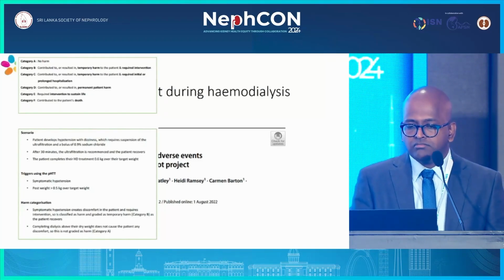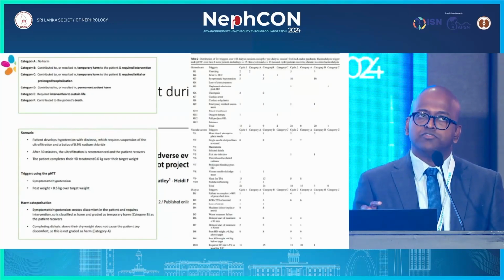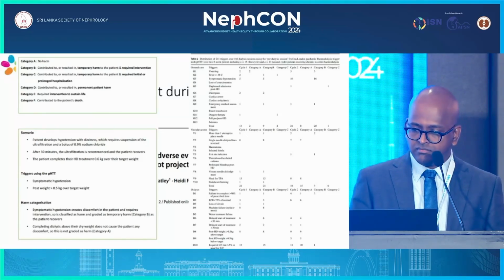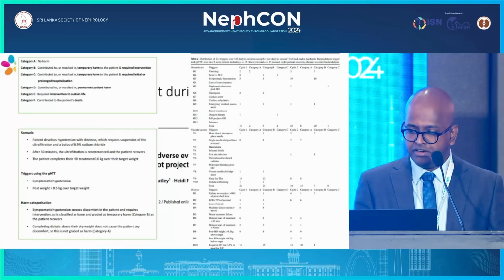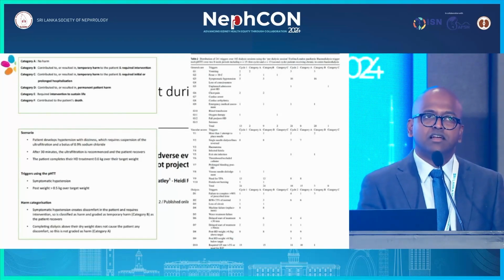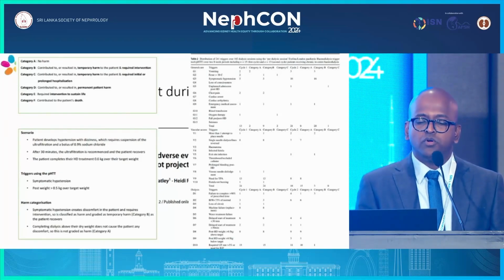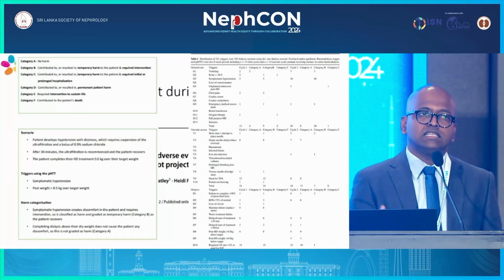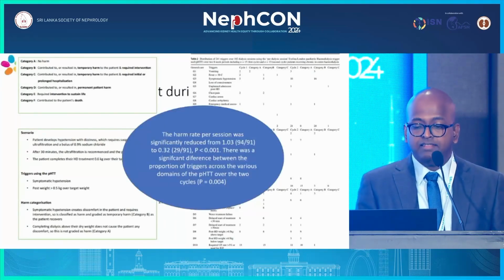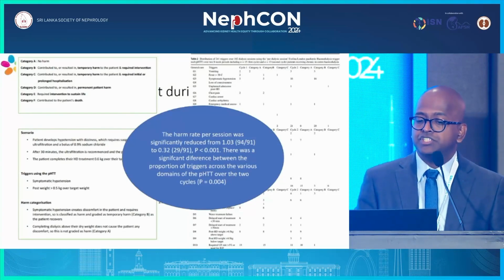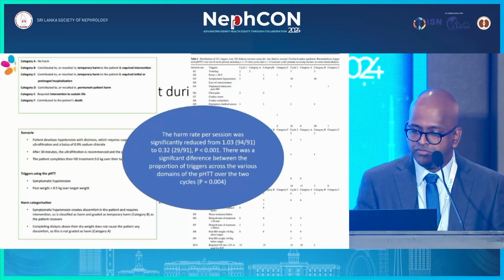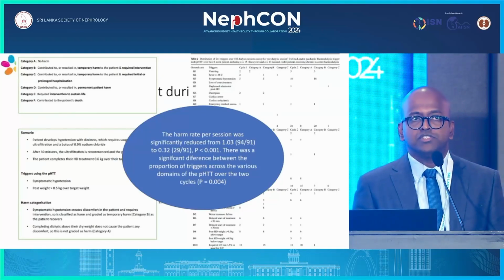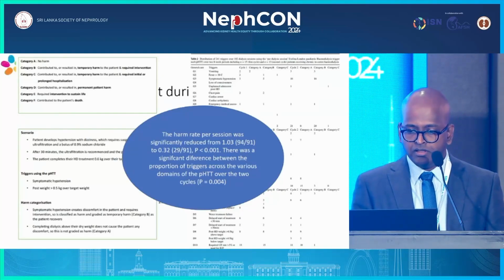They tabulated how many triggers were detected over an 8-week period followed by another 8-week period. So this involves more of training and detecting things early. They found that the harm rate per session was significantly reduced, and there was a significant difference between the proportion of triggers across the various domains of this trigger tool.